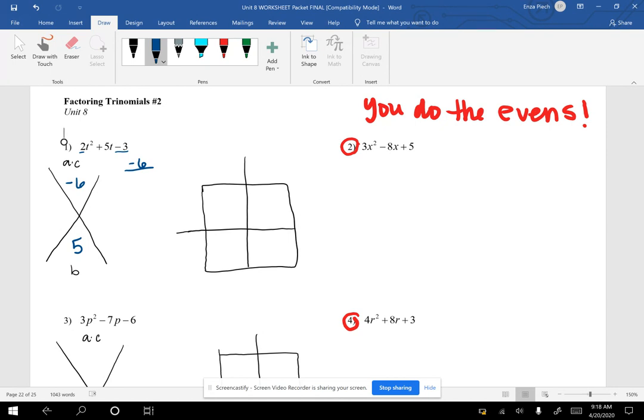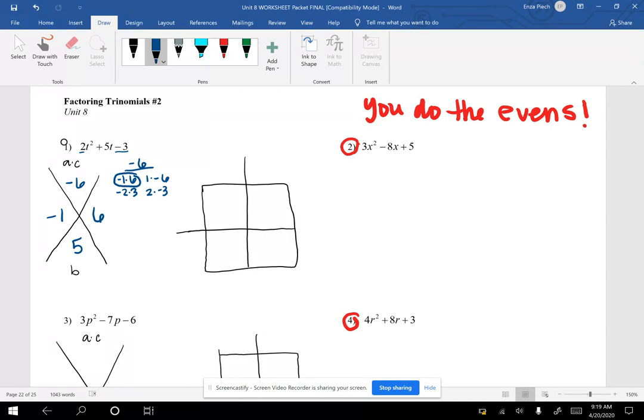So I could say I have -1 times 6, or 1 times a -6. I could have -2 times 3, or a 2 times a -3. Now, if I take a look at those, I see that if I were to have -1 plus 6, I would get 5 as the sum.